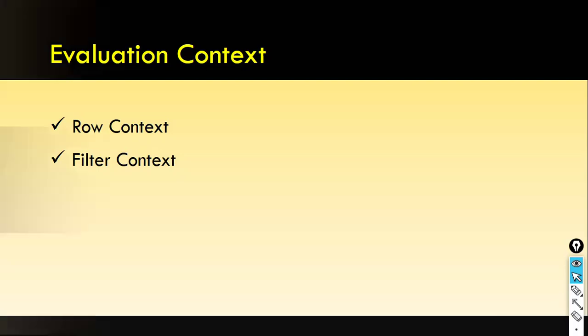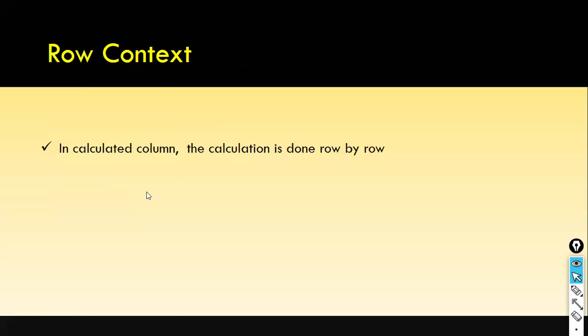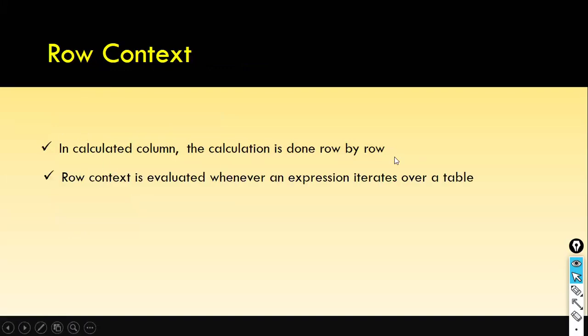Next, we will see what the row context is. When you look at the internet, you will see three types of evaluation context: row context, filter context, and query context. We'll start by understanding the row context. In a calculated column, the calculation is done row by row. That is your row context. Row context is evaluated whenever an expression iterates over a table.